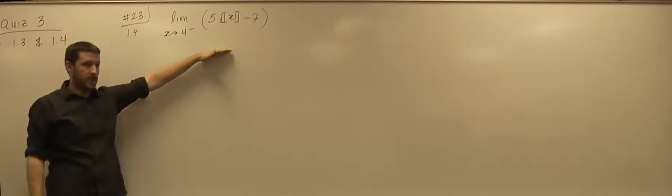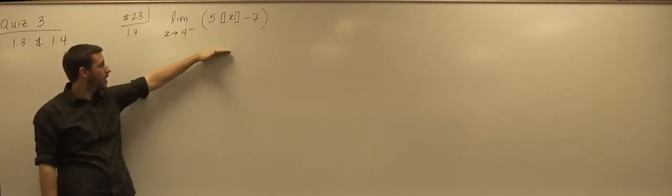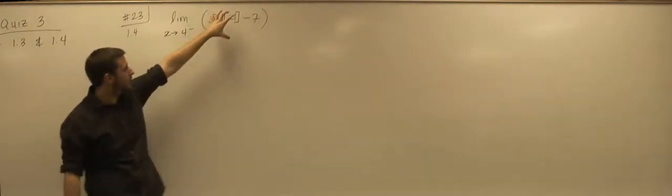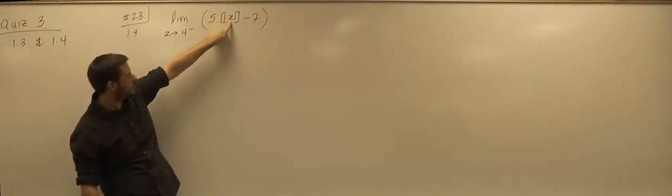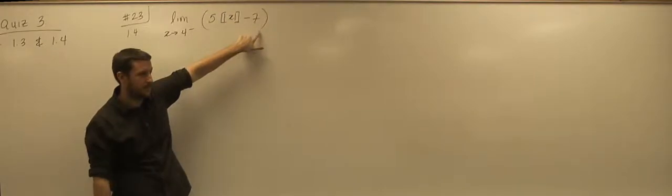This is the limit we're trying to evaluate. Limit as x goes to 4 from the left of not quite just the greatest integer function, but the greatest integer function times 5 minus 7.